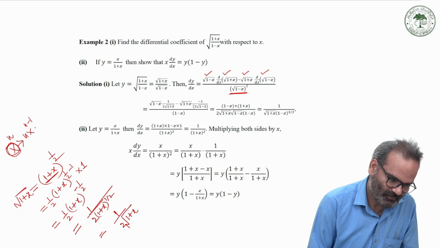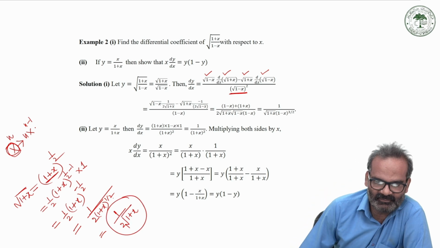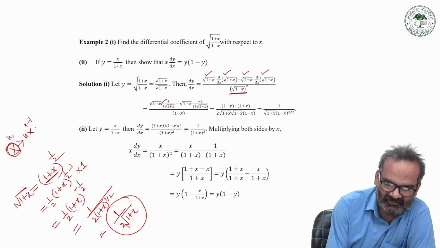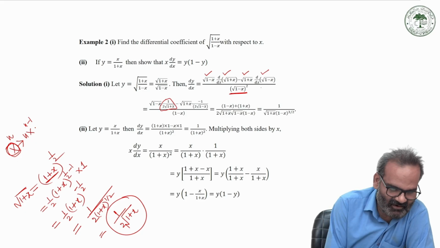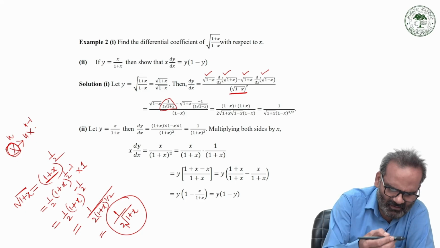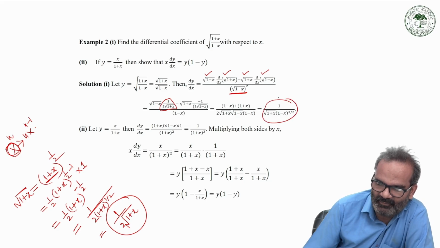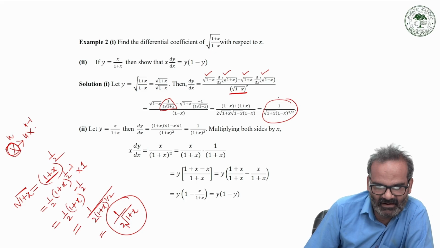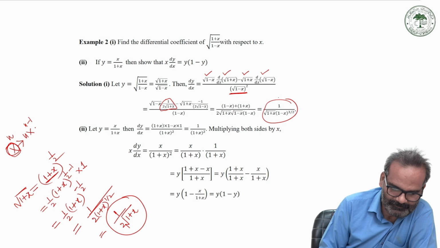This is the derivative of root 1 plus x. See, we have written this here, right? Similarly, you can find out the derivative of root 1 minus x on the similar pattern, right? And then simplify it. You will get 1 upon root 1 plus x into (1 minus x) power 3 by 2 as its required derivative, right?